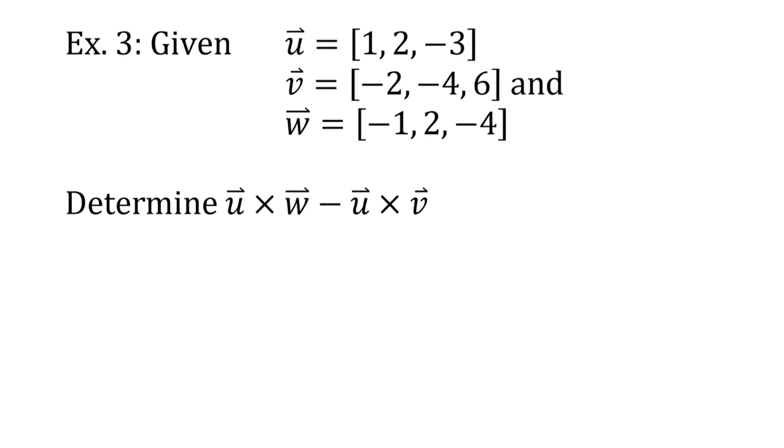Easy way, good choice. This is not a kind of question that's going to come up organically or naturally in what we do. This is just a math class question. If one like this is on the test, the easiest way to do it is to recognize that u has been distributed across those two. So I can do u cross w minus v.